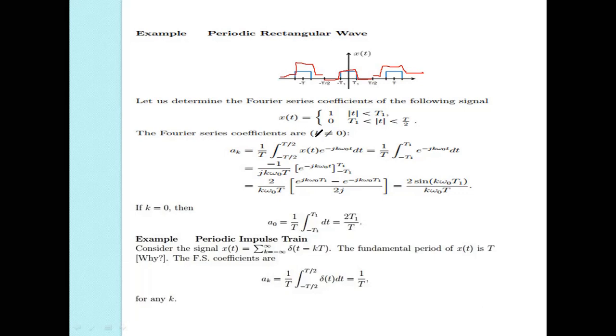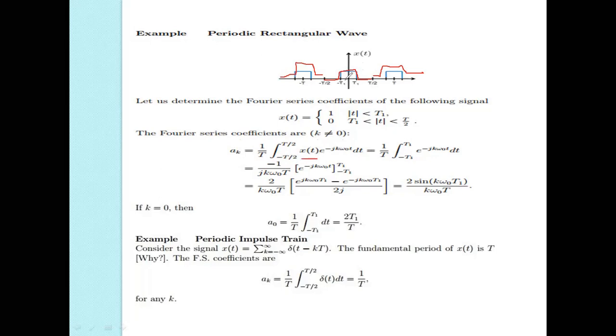The Fourier series coefficient a suffix k is equal to 1 by T, the integral from minus T by 2 to T by 2, x of t into e power minus jk omega naught t dt. What is x of t?